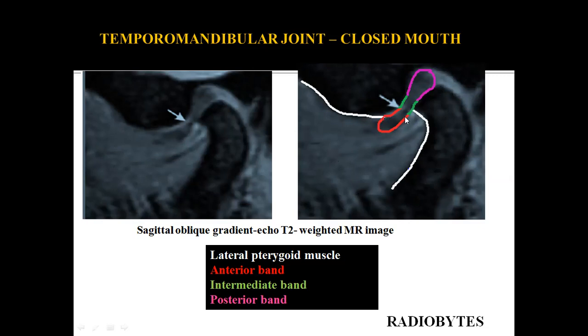This one in red represents the anterior band of the articular disc, and the one here in green represents the thin intermediate band. And the region marked in purple behind the intermediate zone marks the posterior band. The tissues behind the posterior band mark the retrodiscal tissues. So this is how you will appreciate an articular disc in a closed mouth position, sagittal section MRI.